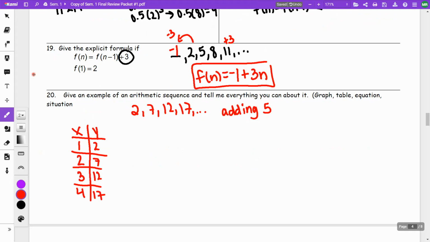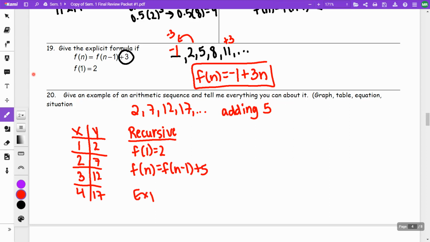If I wanted to write equations, my recursive, I'm going to have f of 1 is 2, and f of n is going to equal f of n minus 1 plus 5.